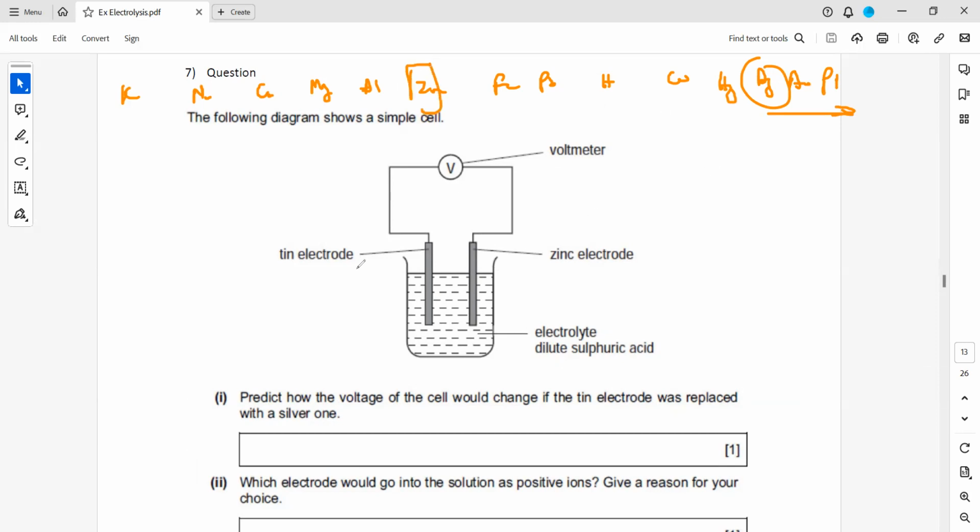If we replace tin with a least reactive metal like silver, what will happen to the voltage? The voltage of the cell will increase. So increasing the difference in the reactivity increases the voltage of a cell.